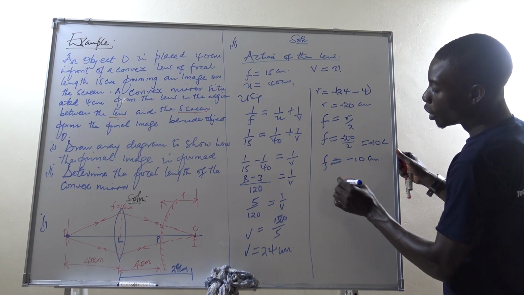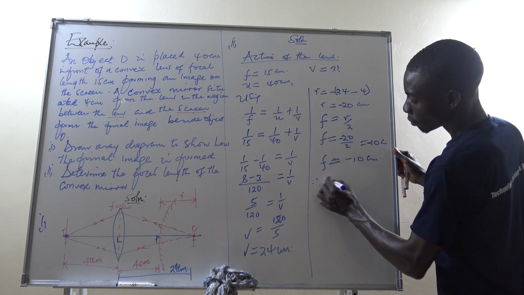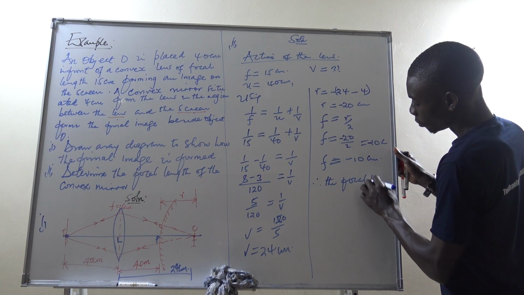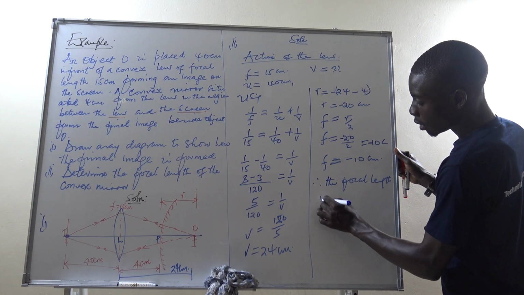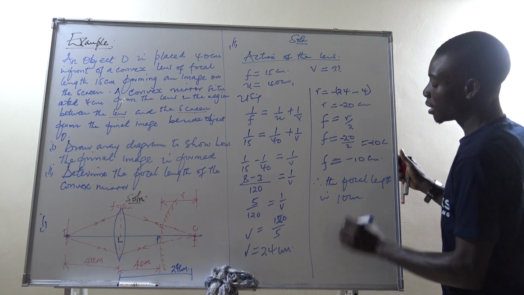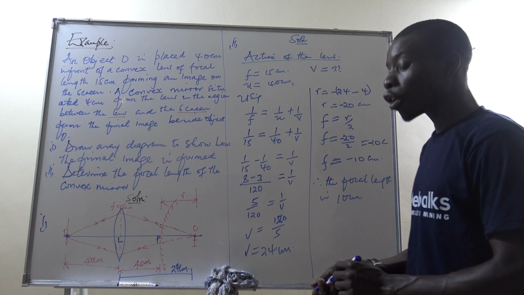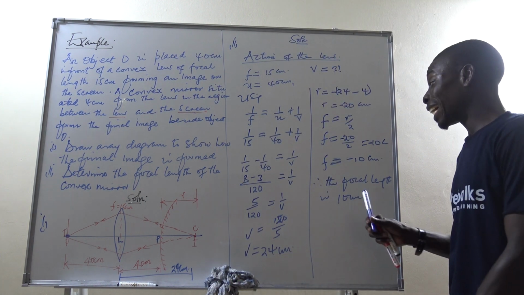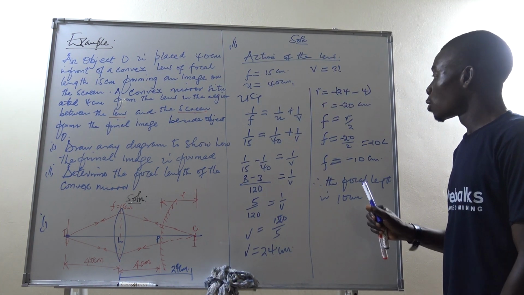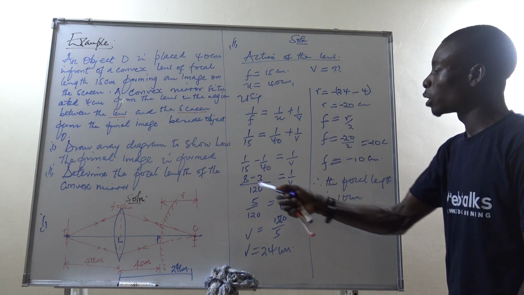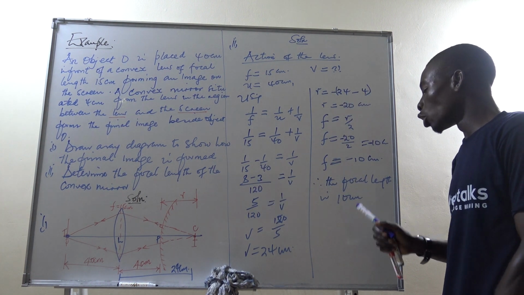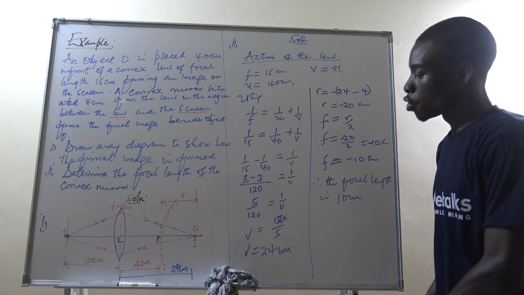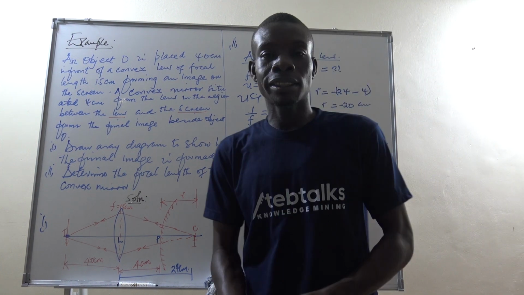But when we are concluding, you say, therefore, the focal length is 10 centimeters, isn't it? Only that we know that the focal length for a convex mirror is supposed to be a negative value. Okay? So when we are working, we say negative this, because it's supposed to be negative, but in making the conclusion, just call it a positive. So let's meet in the next episode.